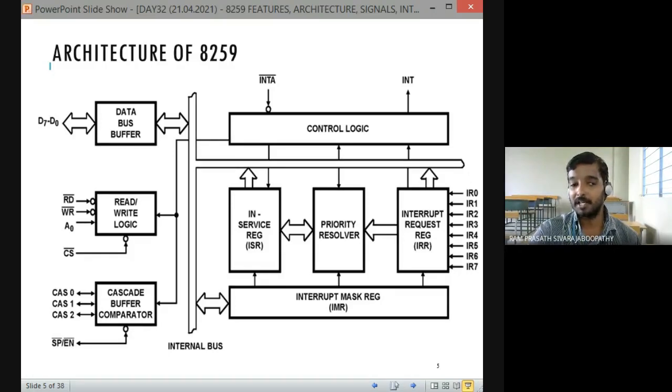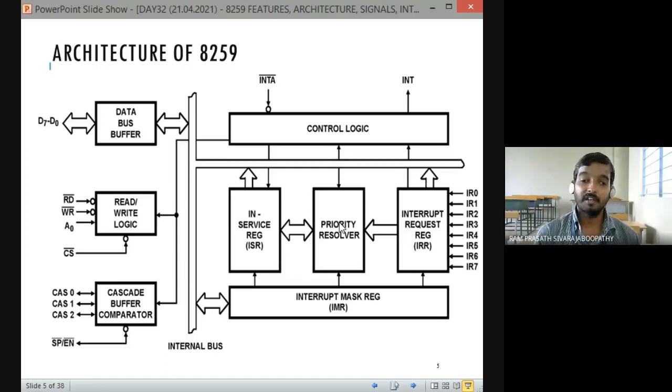If multiple interrupts occur simultaneously, the priority resolver accesses these 3 registers: interrupt request register, interrupt mask register, and in-service register. By accessing these 3 registers, the priority resolver decides which interrupt has to be serviced now. Is it understood? Depending on the conditions of the 3 registers, what will the priority resolver do? It will generate the interrupt.